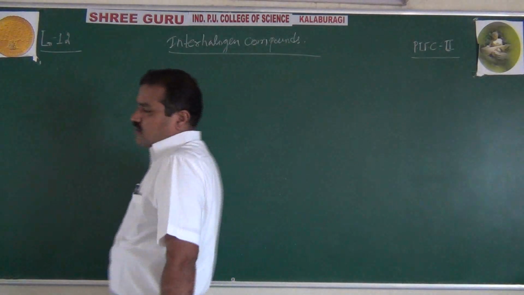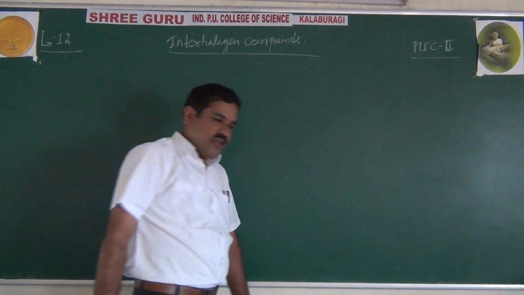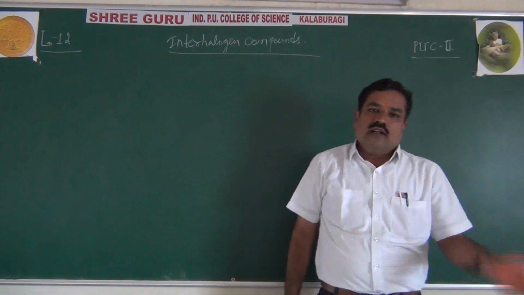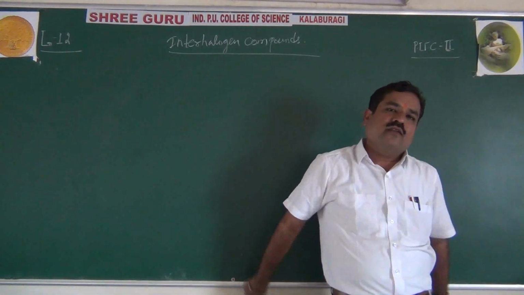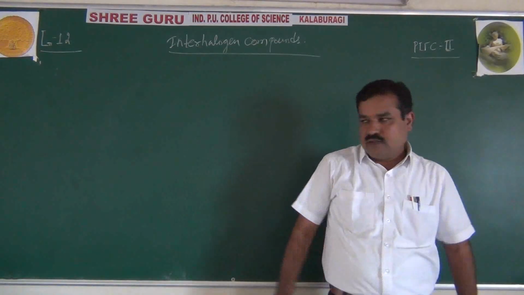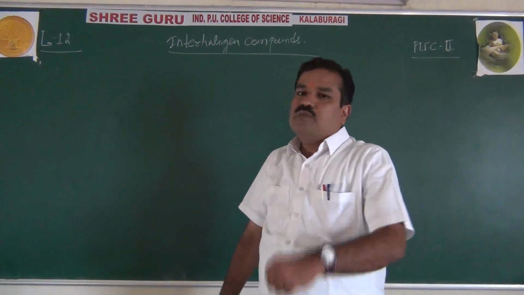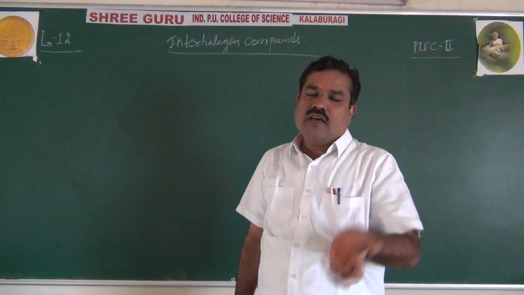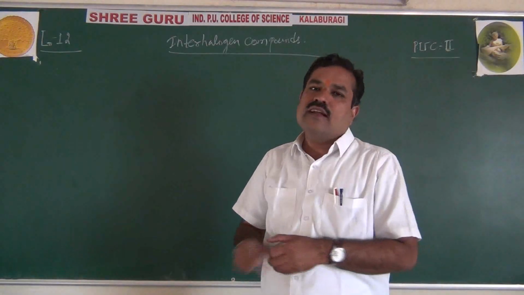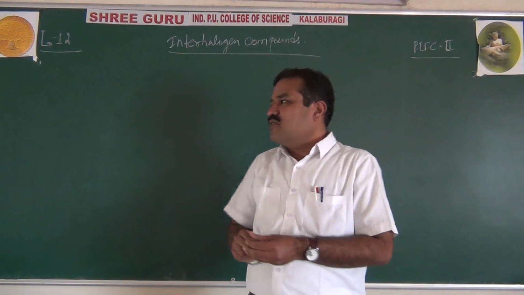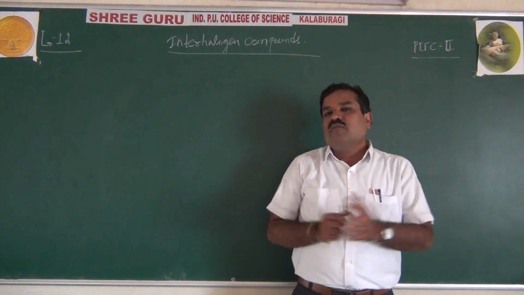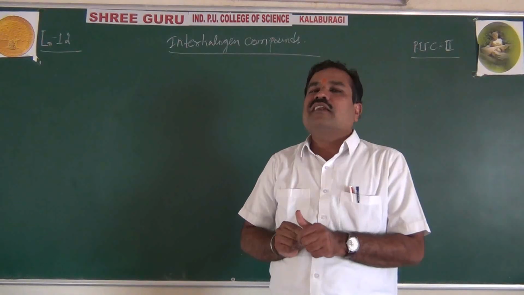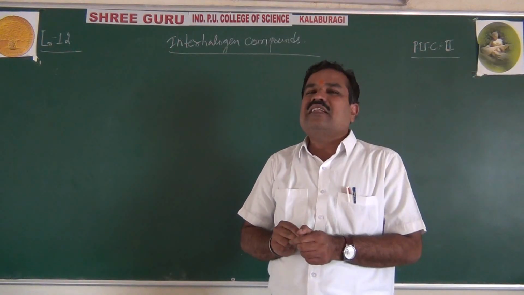Interhalogen compounds are nothing but a class of compounds wherein one halogen atom reacts with another halogen, same group, but the difference is one atom has a larger size with lower electronegativity, the other atom has a smaller size with higher electronegativity. This difference in electronegativity makes them able to react with one another and form a class of compounds called interhalogen compounds.